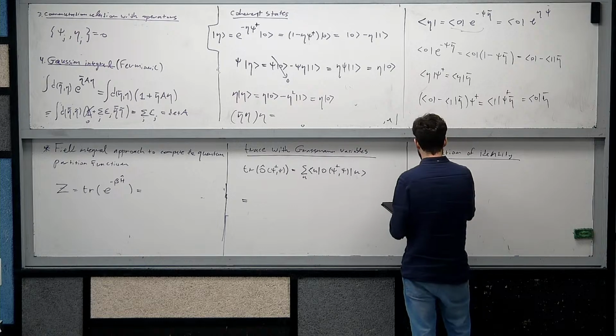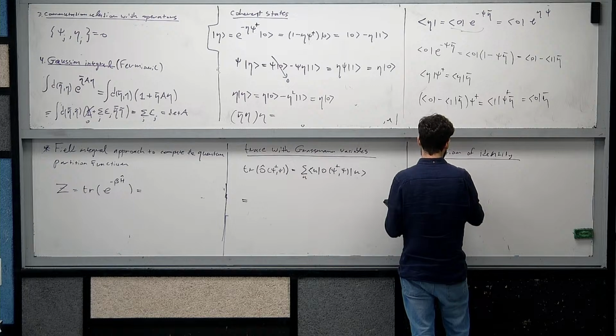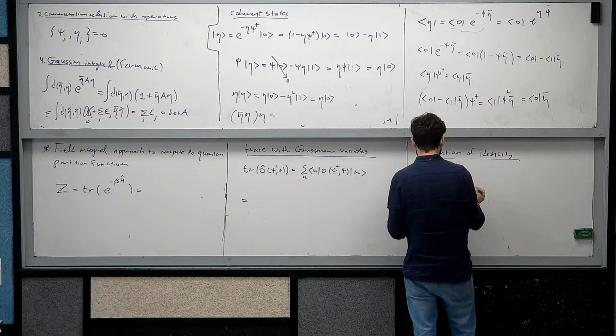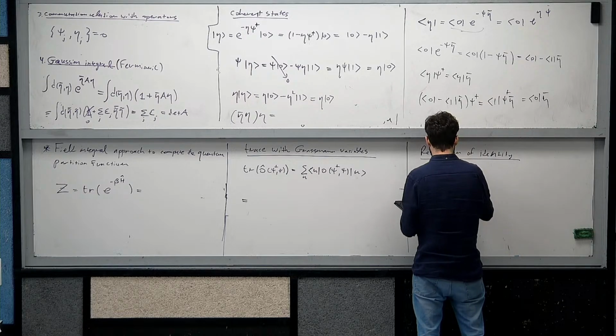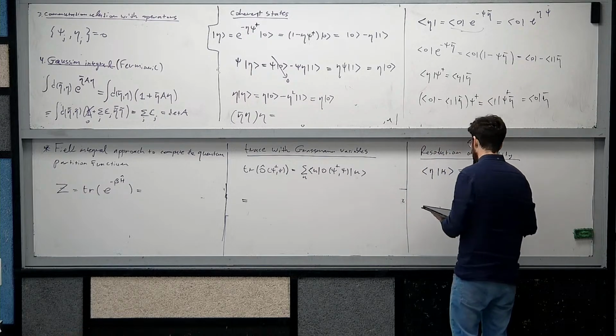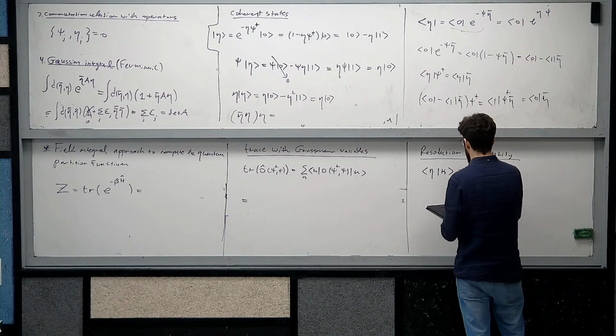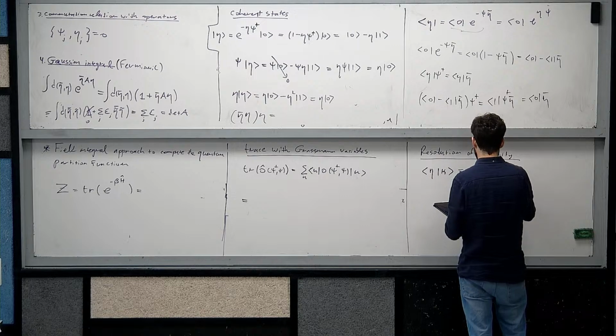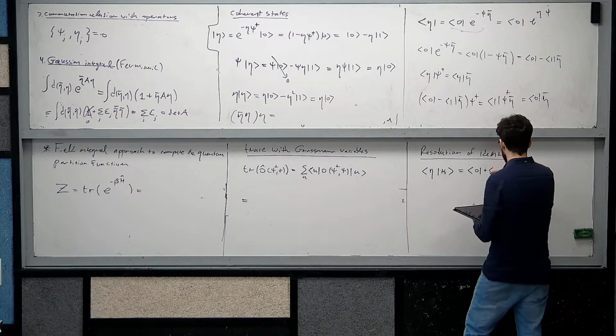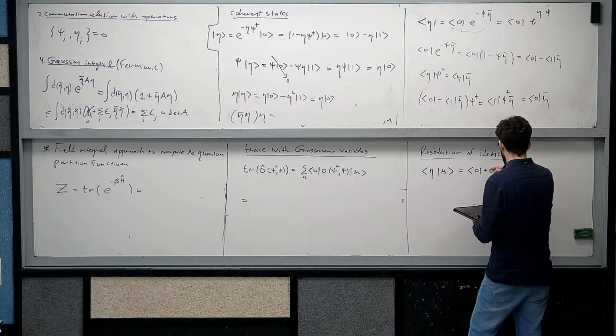Now let's compute the overlap, say, between eta and, I don't know, kappa, whatever. Okay. Then this guy is like writing 0 plus, sorry, 1 times eta bar.